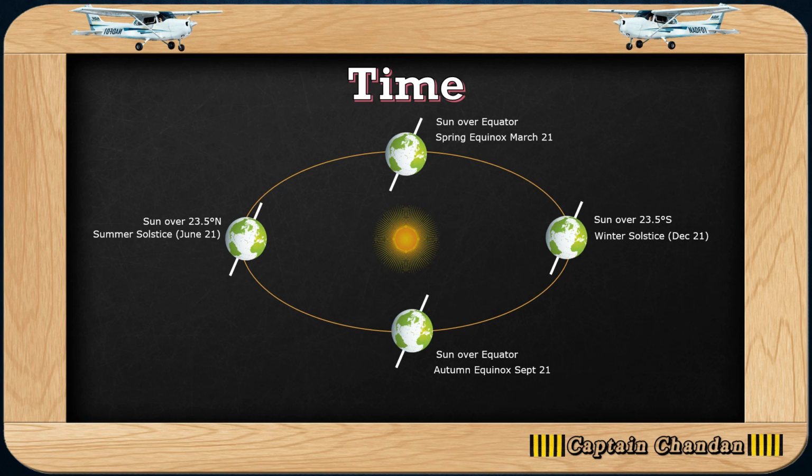When the sun again crosses the equator on September 21, it is called autumn equinox. So remember the dates, it will help you to solve questions in the DGCA exam.